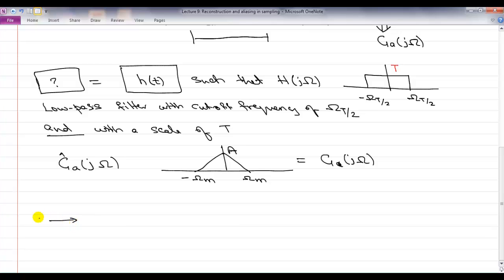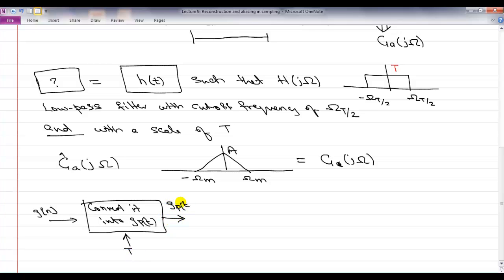You get the sequence Gn, you convert it into Gp of t, and for that you need to use the sampling time T. You get back Gp of t, and then you pass it through a low pass filter, and the low pass filter that you use for reconstruction is often written as Hr of j omega, where R signifies reconstruction. Okay. And you get Ga of t back.